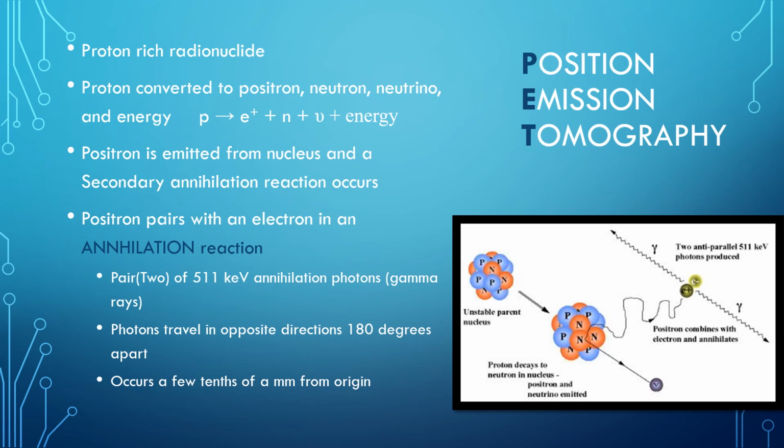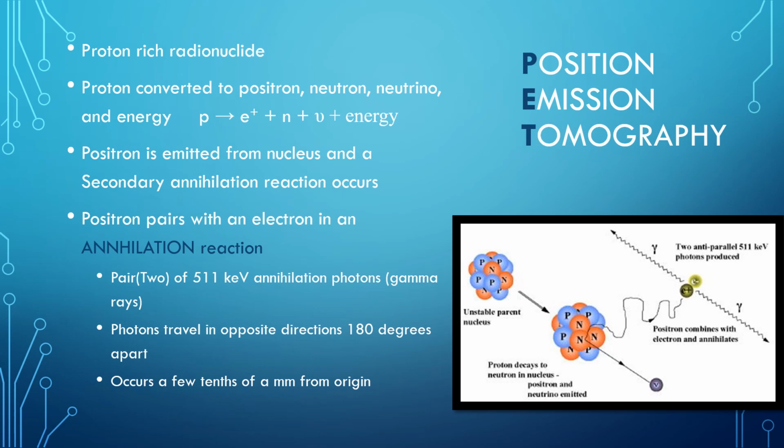The positron is a positively charged electron, and the electron, just a random electron in nature, is negatively charged. So the two are highly attracted to each other, but they collide at a high rate of speed, and all of their mass is converted to energy in the form of these two 511 keV annihilation photons. Those photons then travel in opposite directions, about 180 degrees from each other.